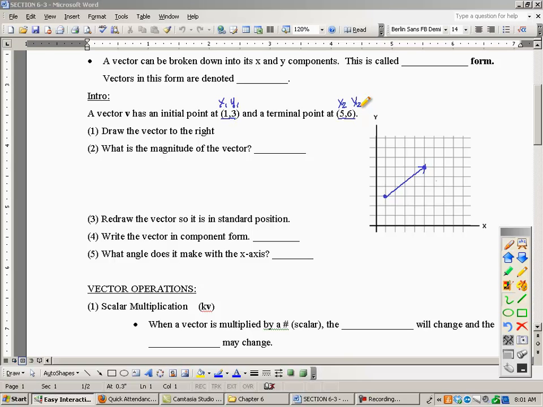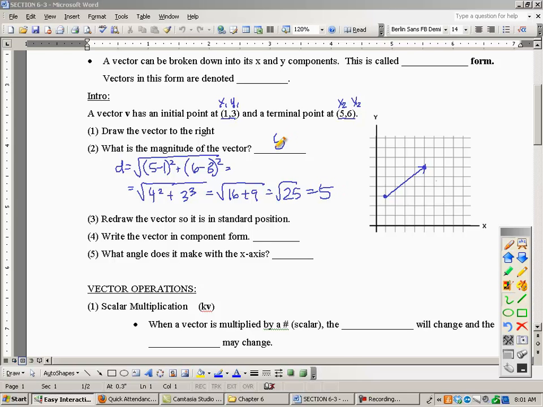The distance formula says take the square root of the difference in the x's squared, plus the difference in the y's squared. So 5 minus 1 is 4, so we have the square root of 4 squared plus 6 minus 3 is 3 squared. We have 16 plus 9, which is the square root of 25. So my magnitude for this vector is 5.